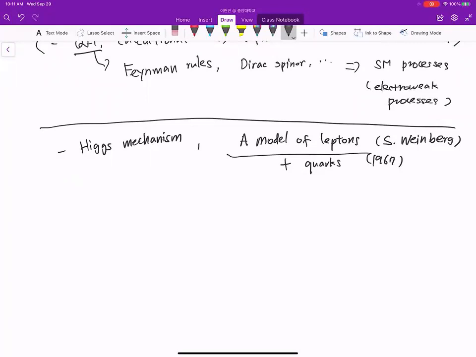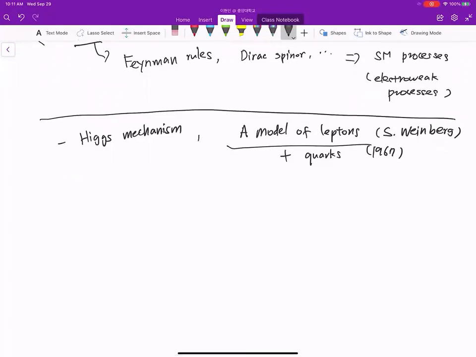At that time, there were several candidates for the standard model gauge symmetry, but experimentally, the Glashow-Weinberg-Salam model was proven to be true. So electroweak sector plus leptons.